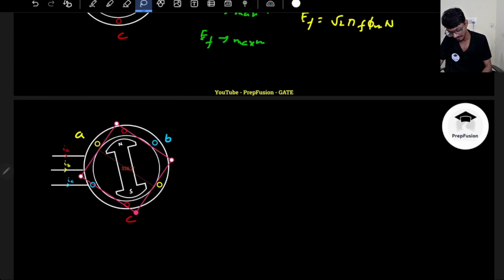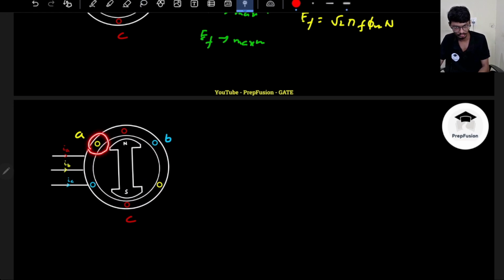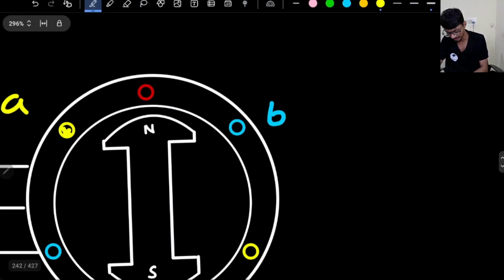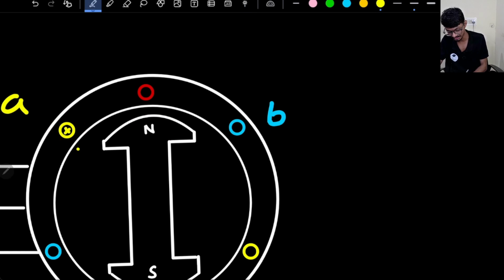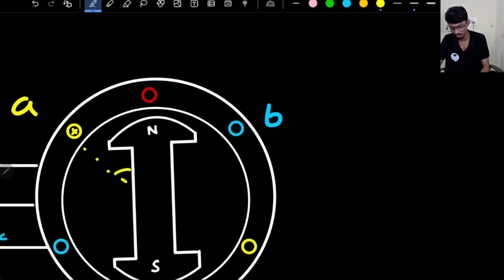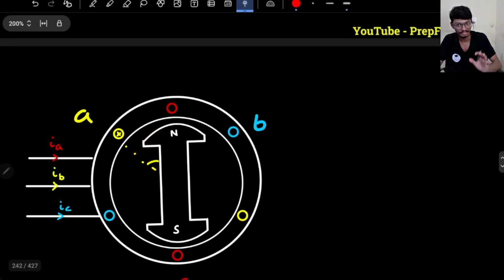It already had maximum peak voltage here, but the peak value of current will come later, right? When the north pole reaches over here, then the peak value of current comes. Let's understand it as 60 degrees electrical or whatever mechanical angle. I'm not discussing the angle right now.